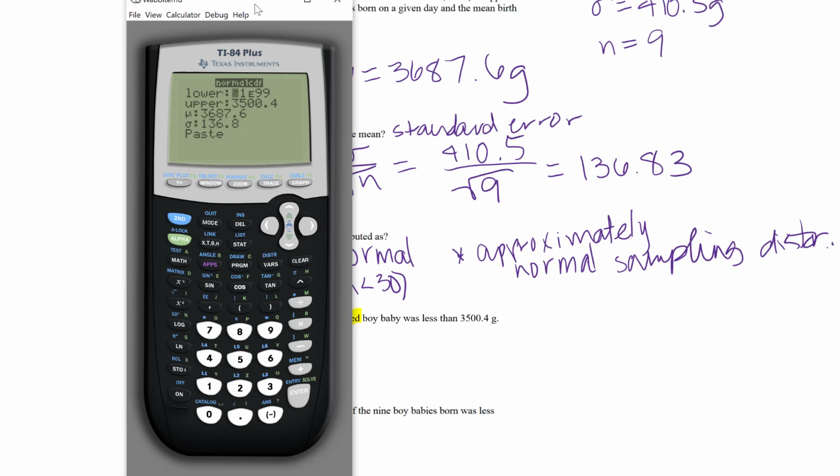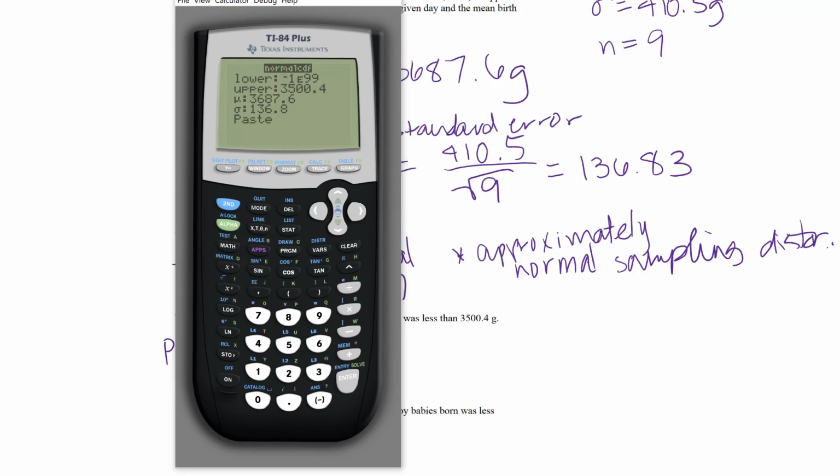Now, when we are talking about less than, that means we're shading to the left. I'm not going to draw a curve, but you're going to shade it to the left. So my lower is already set at -1E99 to represent negative infinity. And here I put in my 3,500.4.